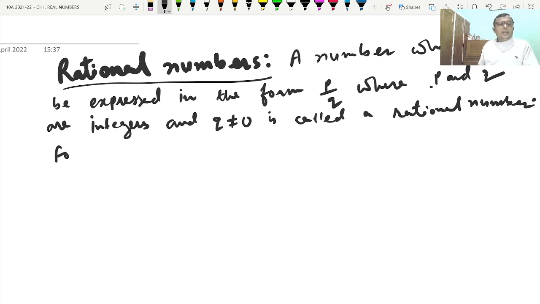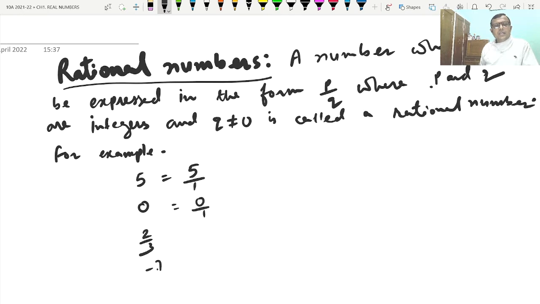For example, a number which can be expressed in p by q form, like 5 can be written as 5 by 1, 0 can be written as 0 by 1, then 2 by 3, minus 7 by 9. These all are in p by q form.